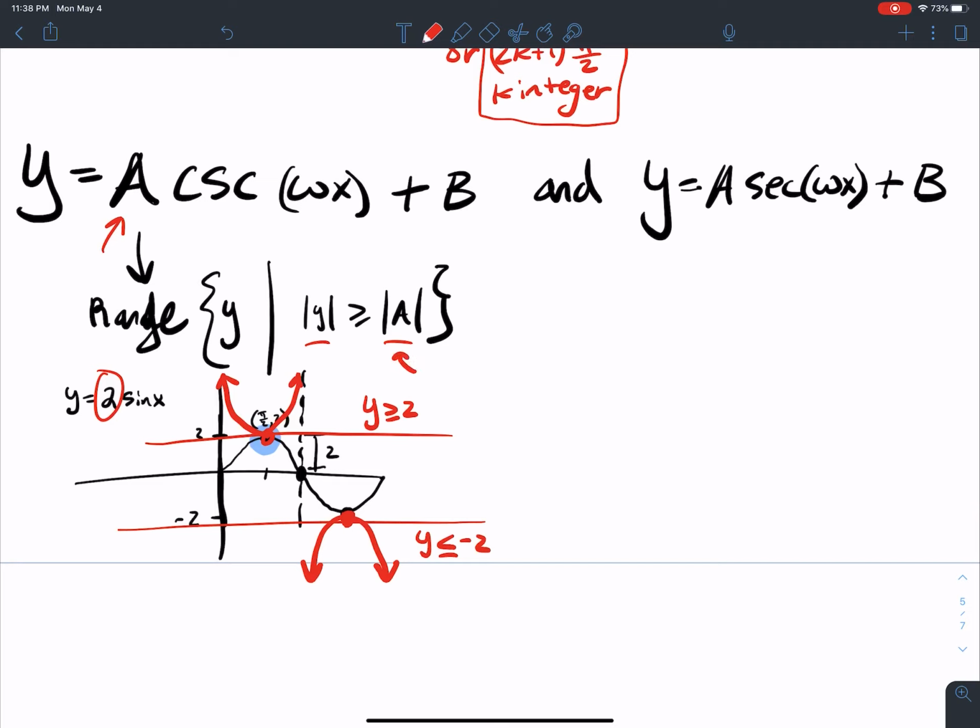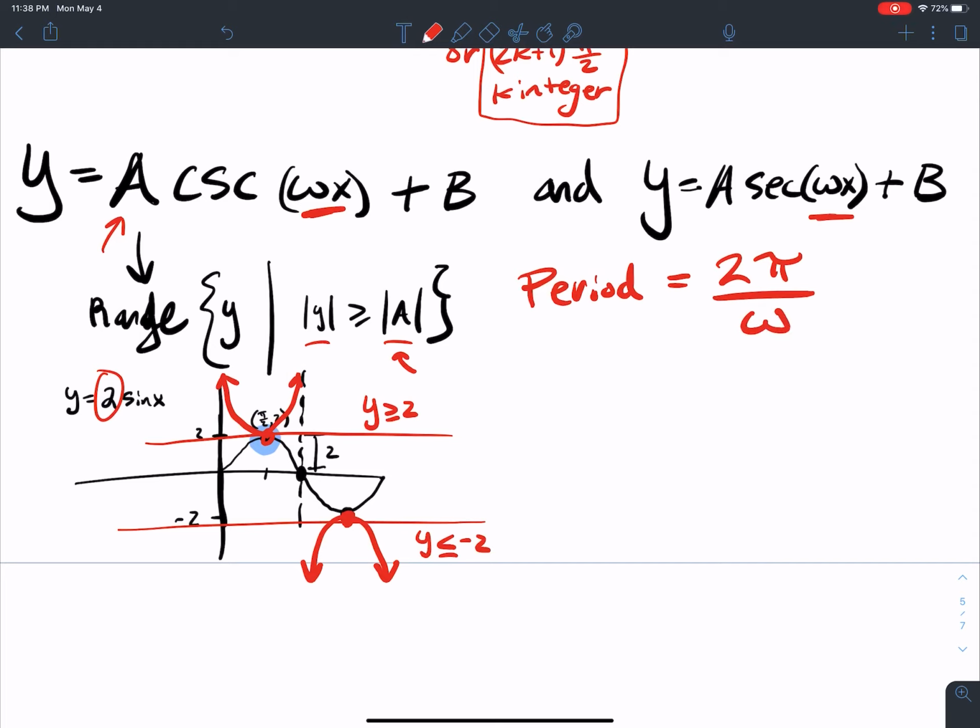So just as with the sine and the cosine function, the period is 2 pi. So the period for secant and cosecant is also 2 pi. But whenever it's omega inside, the period for both of these is 2 pi divided by omega.